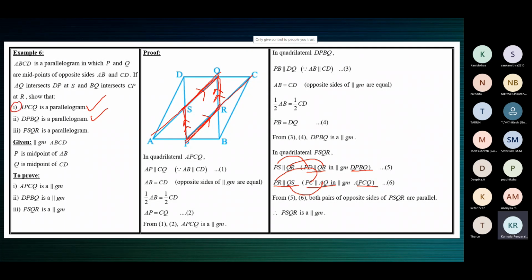From each parallelogram, we take one pair of opposite sides that are parallel, and using them, we prove that in the third quadrilateral, both the pairs of opposite sides are parallel, and so it's a parallelogram.